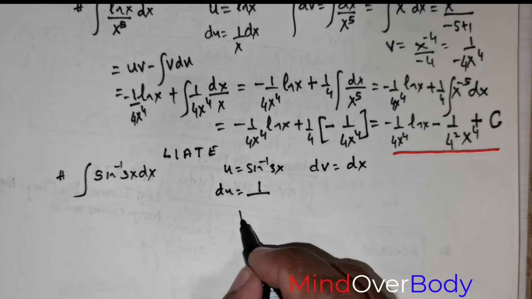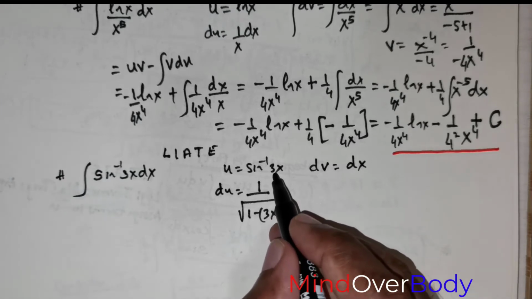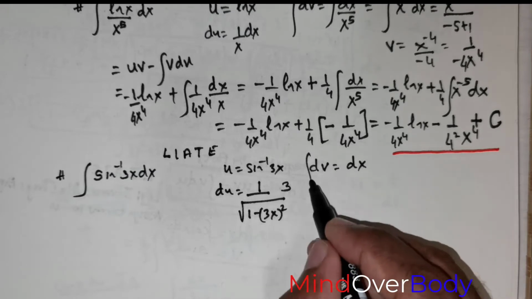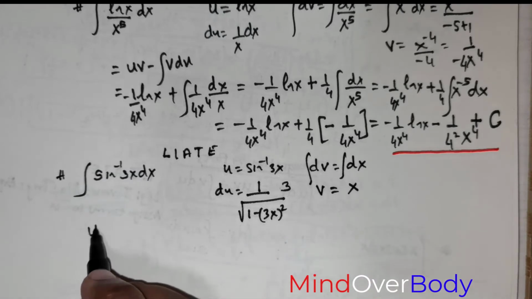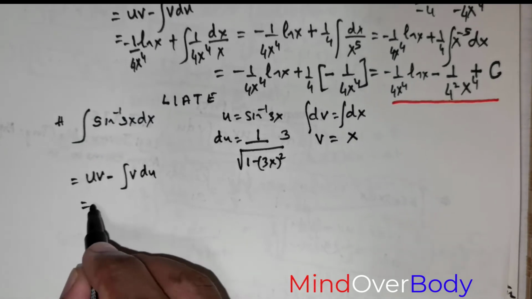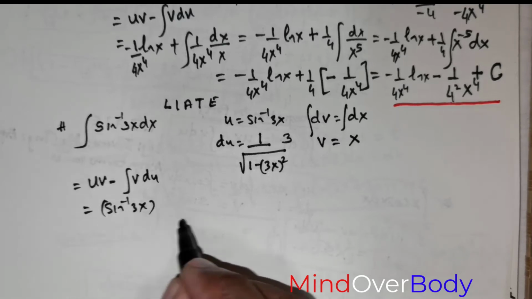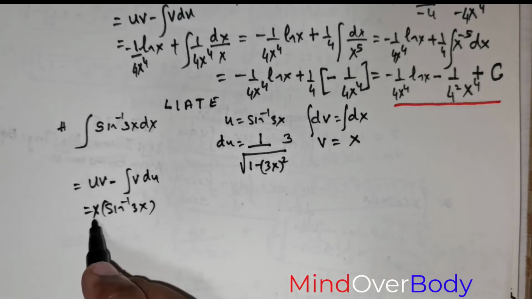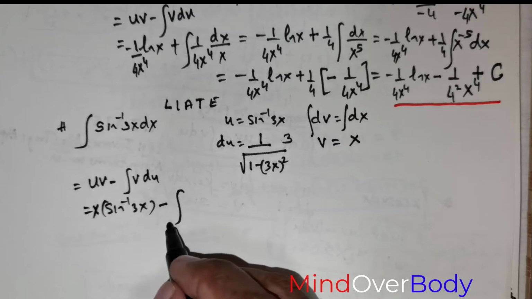So this is going to be 1 over root of 1 minus 3x raised to the power of 2 times the differential of 3x, that's going to be 3. Now integrating dv will produce v equal to x. Now using the formula uv minus the integral of v du, my u is sine inverse of 3x, my v is x, so I place the x on this side, followed by minus the integral.